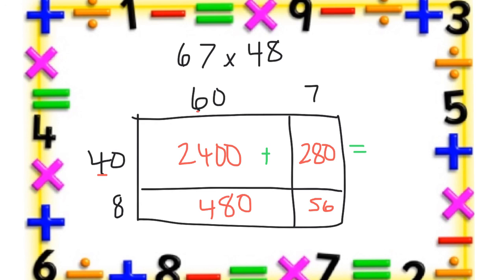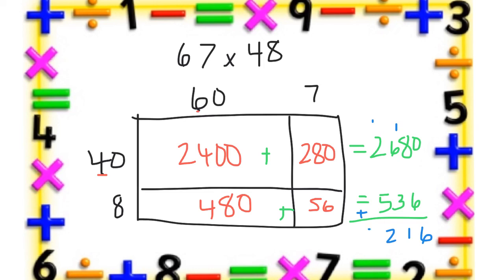And so I get 2,680. And then these two, I'll get 536. And then I'll add those together. And so I get 3,216.